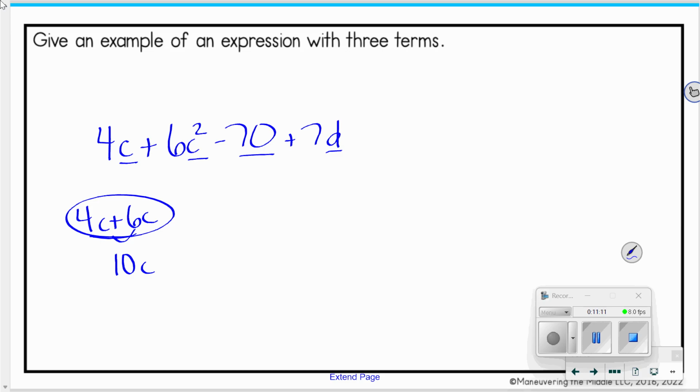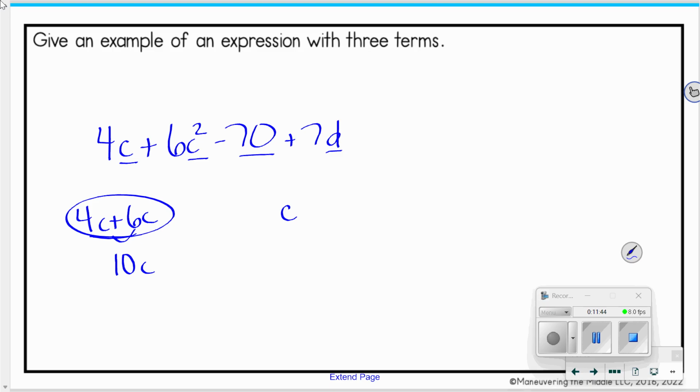Yes, Allison. So for a term, are we able to just put a variable, or do we also need the coefficient of the variable to make the term? Great question. I like that question. You said to make a term with a variable, can I just use the variable, or do I need to have a coefficient with it? Believe it or not, that's kind of a trick question. Does this have a coefficient with it?